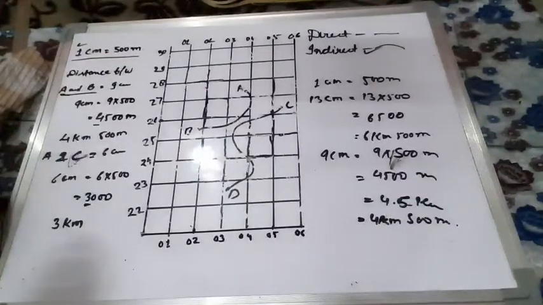After putting the thread on the path or the river, we measure the distance of the thread. Whatever distance it takes we will measure it, and after measuring we will convert it into kilometers and meters. Hope you got it, and if you have any problem you can ask me directly.